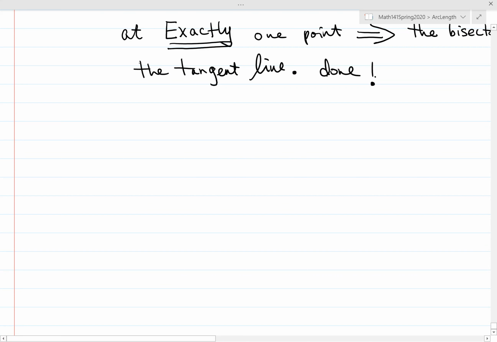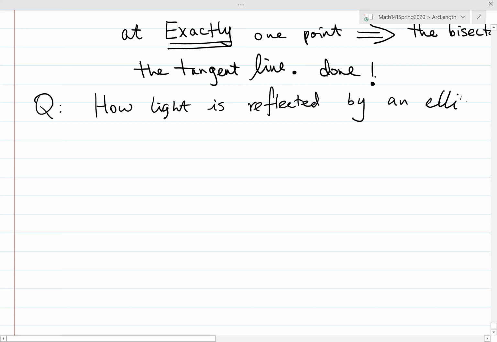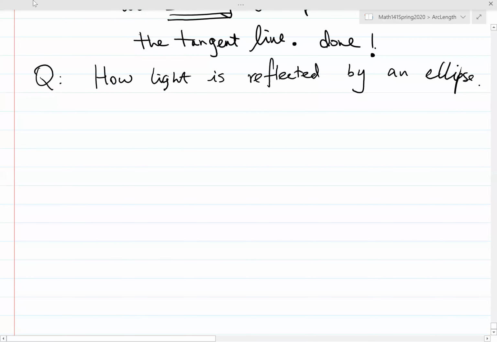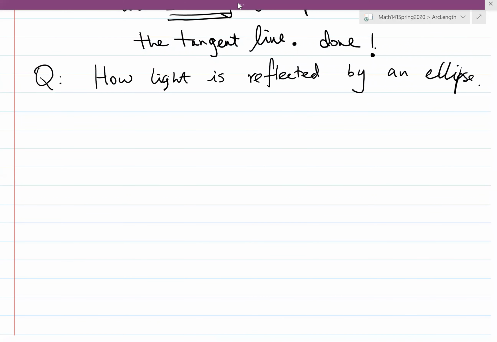Now you may ask, okay, what happens if we have an ellipse? Question: how is light reflected by an ellipse? Now suppose we have an ellipse.